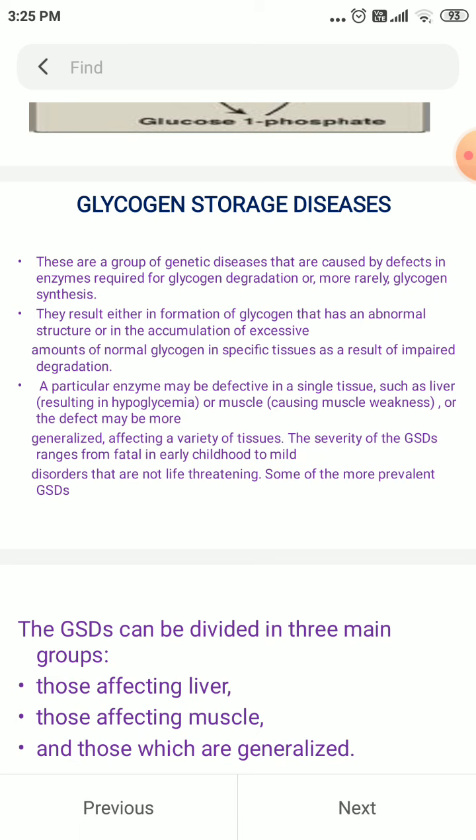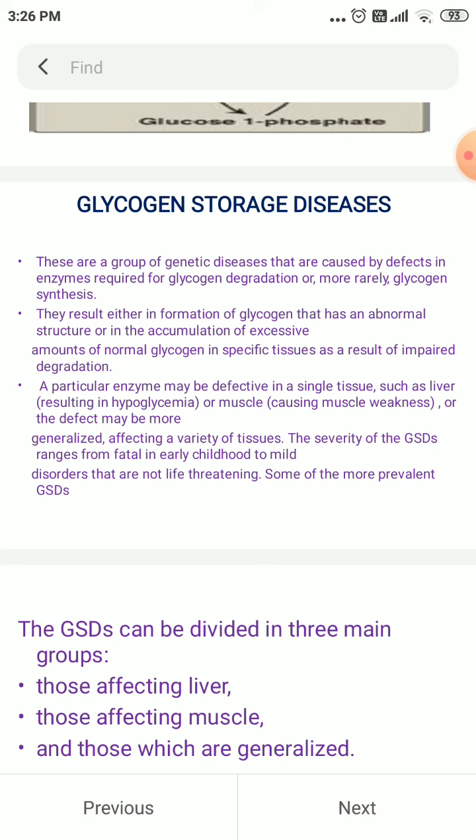As a result, they end up either in the formation of glycogen with an abnormal structure, or in the accumulation of excessive amounts of normal glycogen in specific tissues as a result of impaired degradation.